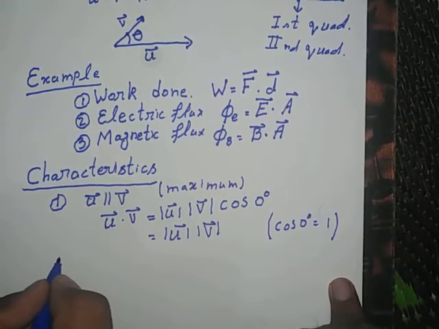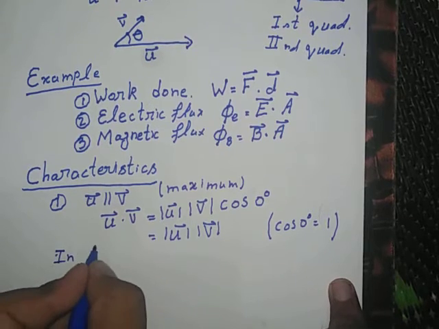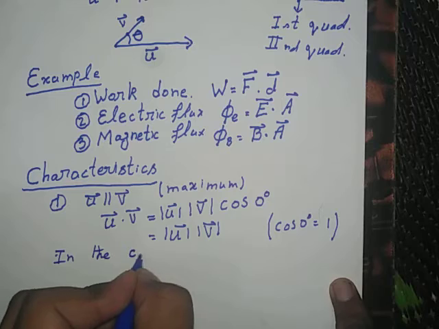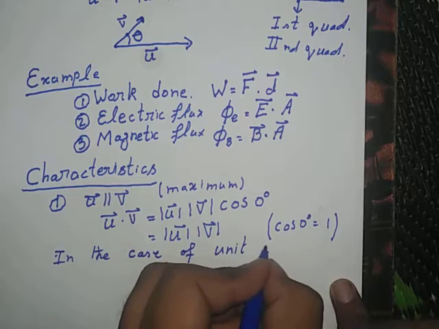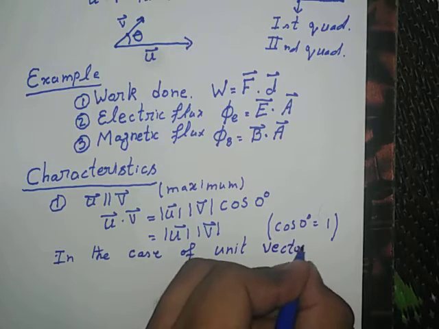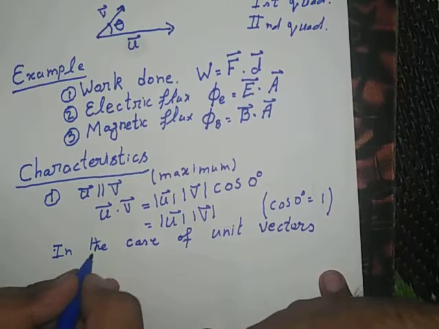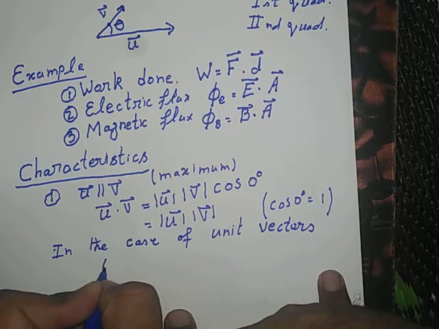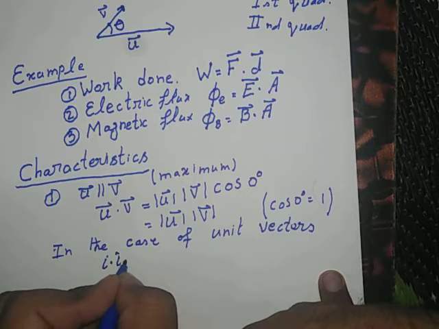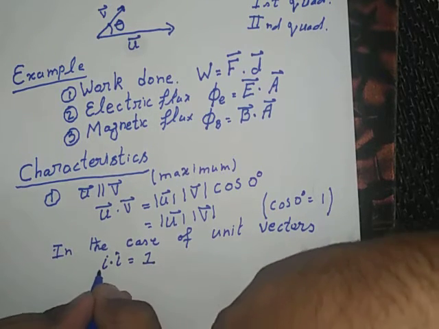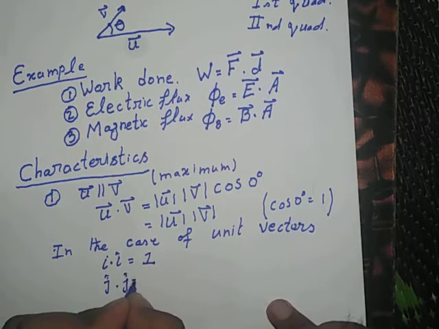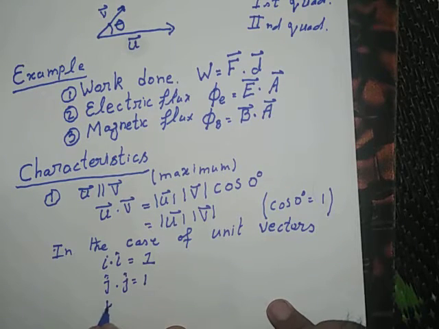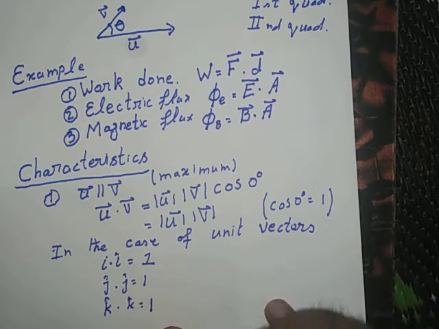In the case of unit vectors, if we multiply i unit vector dot i unit vector, it is equal to 1, and j dot j is also equal to 1, and k dot k is equal to 1.